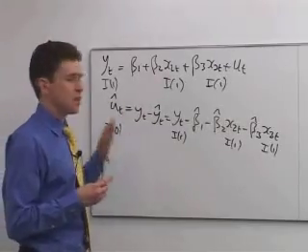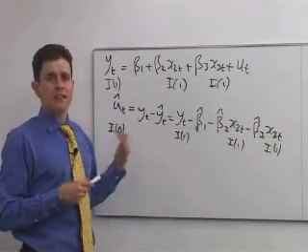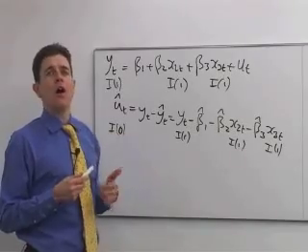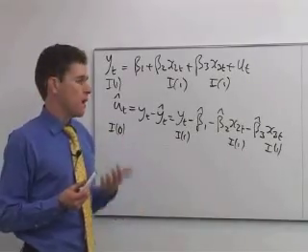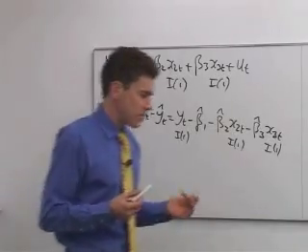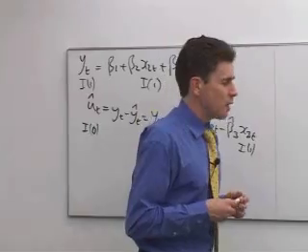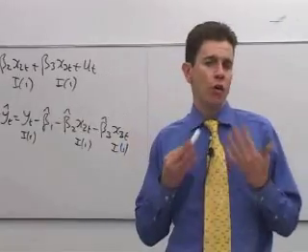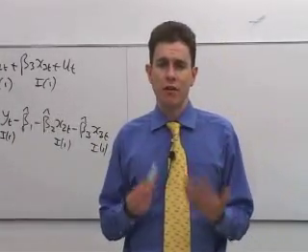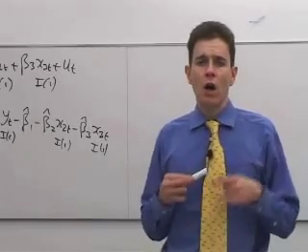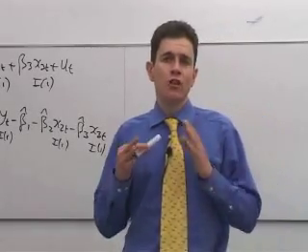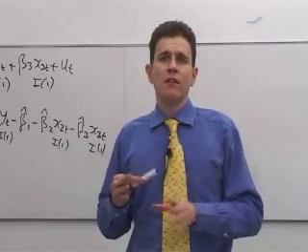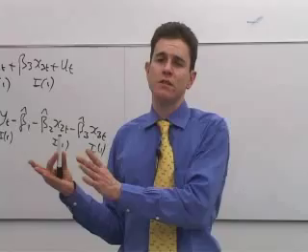And the circumstance under which that would be the case is if the variables are co-integrated. Now, co-integration in econometrics is the way that we measure and allow for the possibility of long-run relationships between variables. So, generally, if we combine non-stationary variables together, the combination will also be non-stationary.